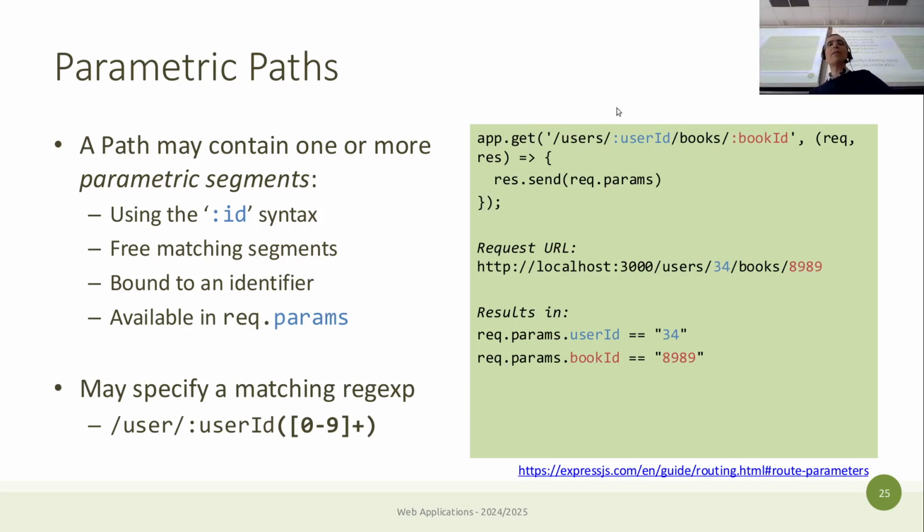Like you see, app.get users colon userId books colon bookId, and we call it with users 34 books 8999, and then in the code you have req.params.userId that will be 34. Just be careful, it's a string, it's a URL.